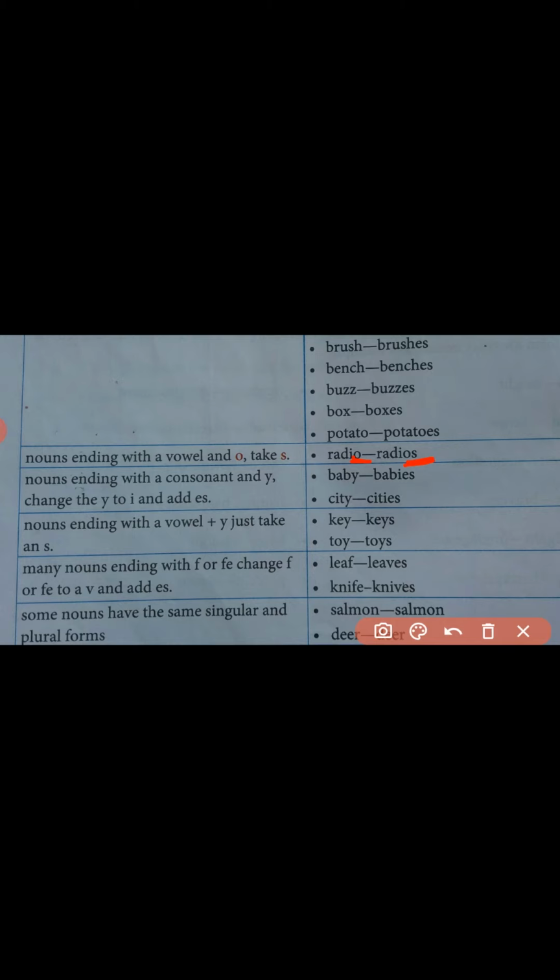Here, nouns ending with a consonant y. See here, if the noun ends in a consonant letter y, in that case we change y into i and add es at the end.